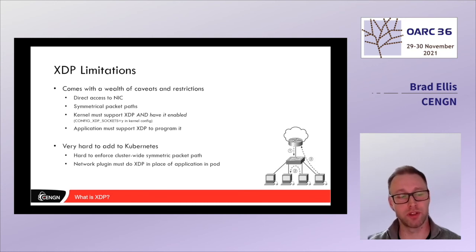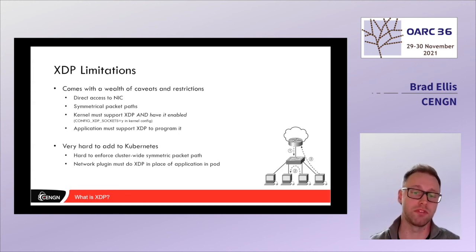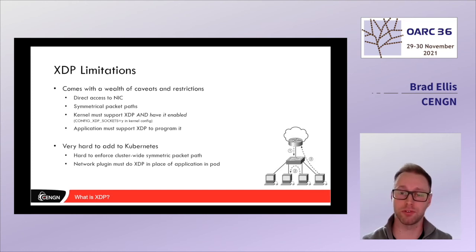XDP, however, comes with a fair number of limitations. First is that XDP needs direct access to the network card. This can be quite difficult in a virtualized environment, still possible, but it means that in our case, we stuck with running on bare metal servers instead of virtual machines.